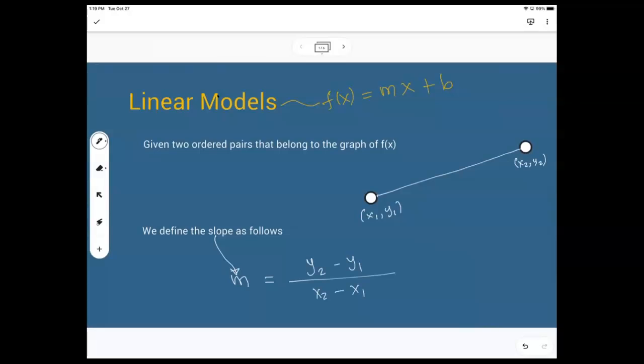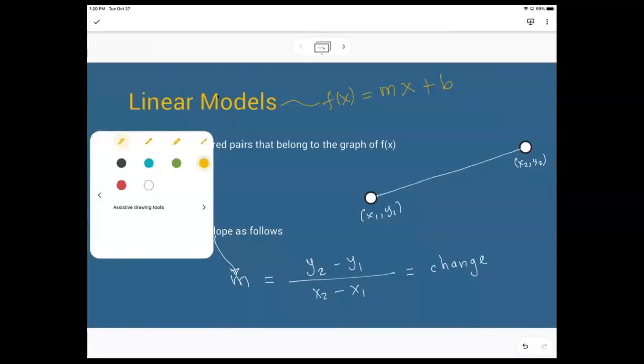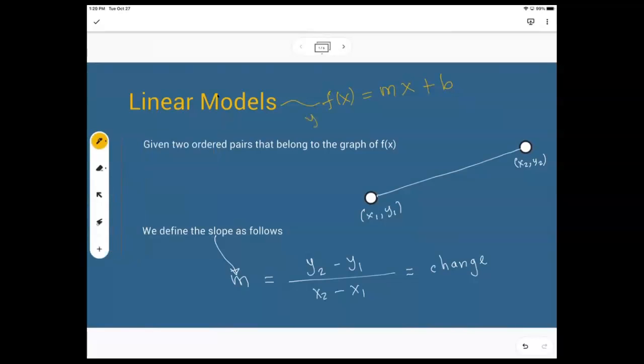So what we want to keep in mind here is that it's also something that is measuring change, change in the independent variable, change in the dependent variable. When we use this notation for functions, it's common to assume that the y coordinate is the output of the function f of x.